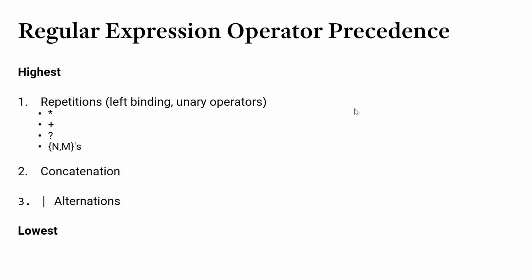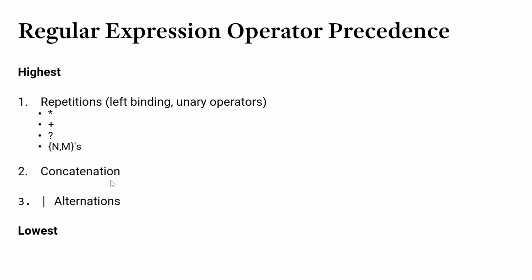The precedence of these operators is important to have some sense of in order to understand how the regular expression engine is going to evaluate it. So the highest precedence are the asterisks and the plus symbol, right? Notice these repetitions are tighter binding or higher order of operations than the concatenation operator.